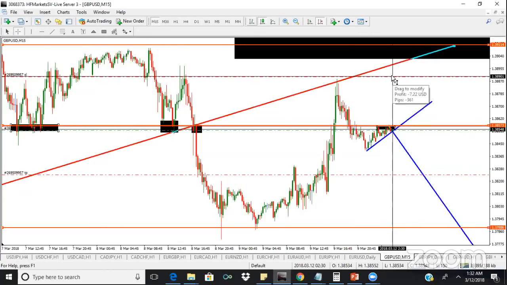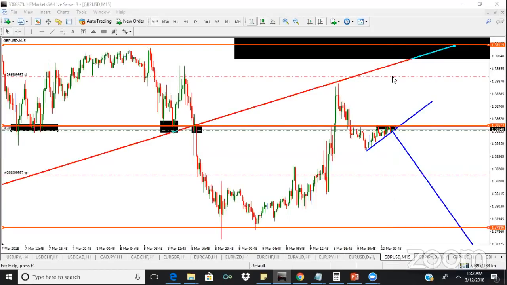Instant execution, your stop loss is 1.3890 GU. Sell by market.